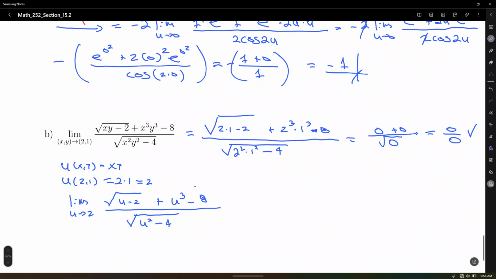That is, do you see this difference of cubes? Whenever you have a cubed plus b cubed, so a squared, ab, b squared, ab. Let me do the other one to show you the pattern.